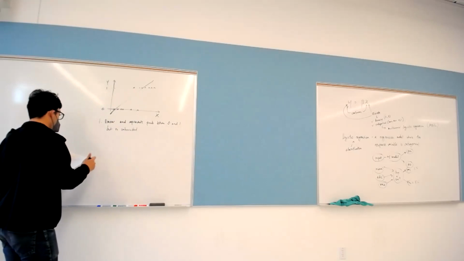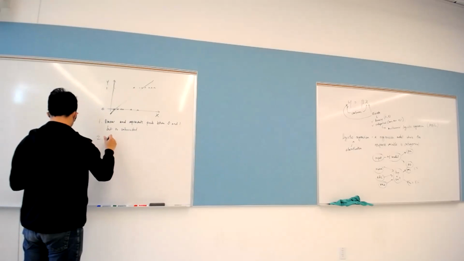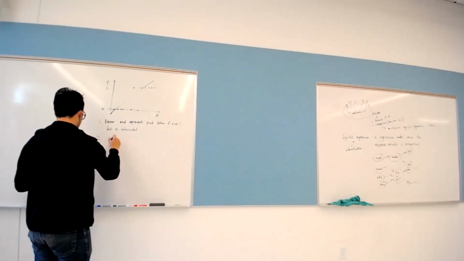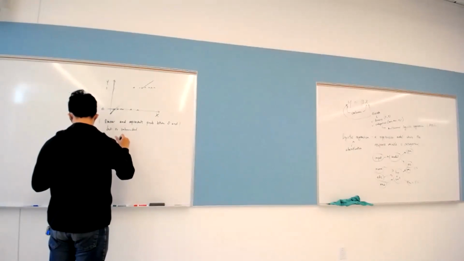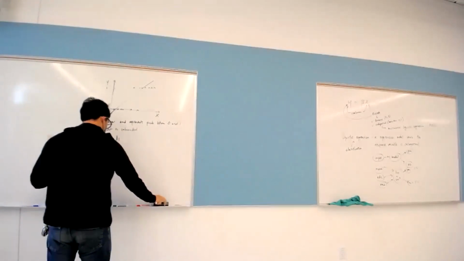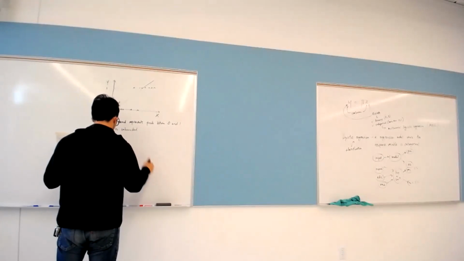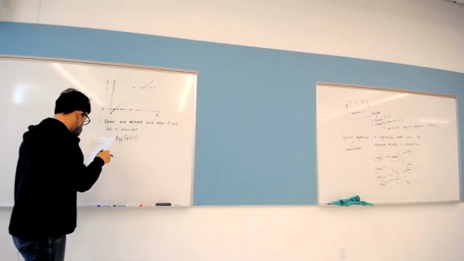So one thing you can do is let y be equal to, let's say, the log of the probability of x.